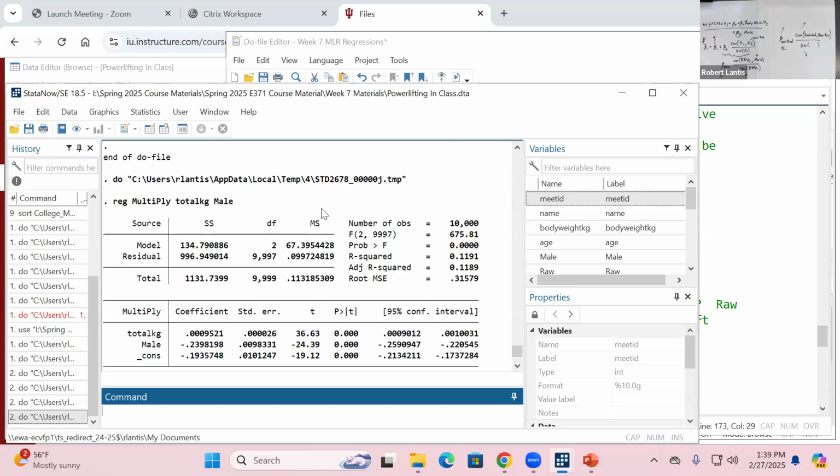Or what if I asked you, here's another example. Let's say the person I'm telling you lifted 100 more kilograms. Actually, no, not 100. Let's do 50, right? So 50 more kilograms. What's the percentage change in the probability they belong to one of these multiply lifts or multiply meets? Sorry. Well, if that's the effect of 1 more kilogram lifted, how do I get the effect of 50?